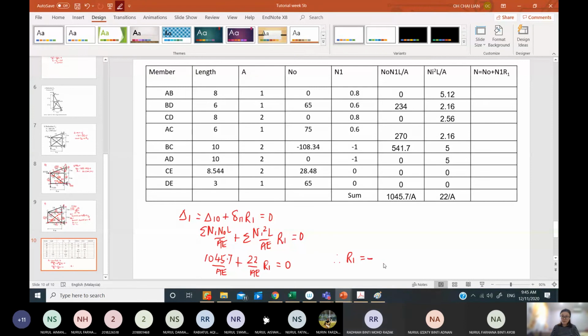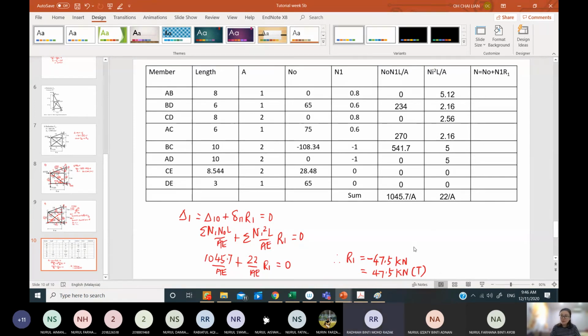negative 47.5 kilonewton, which means that it should be in tension. Because my earlier assumption is it is in compression. So if I get a negative, meaning that it should act in a different direction. Okay, but I hope what I have done just now is without mistake.